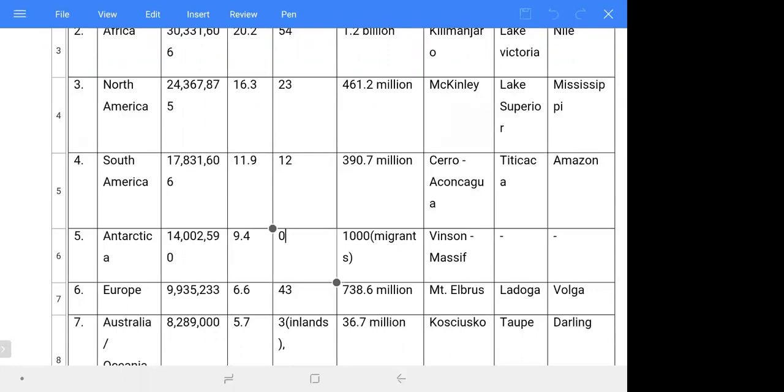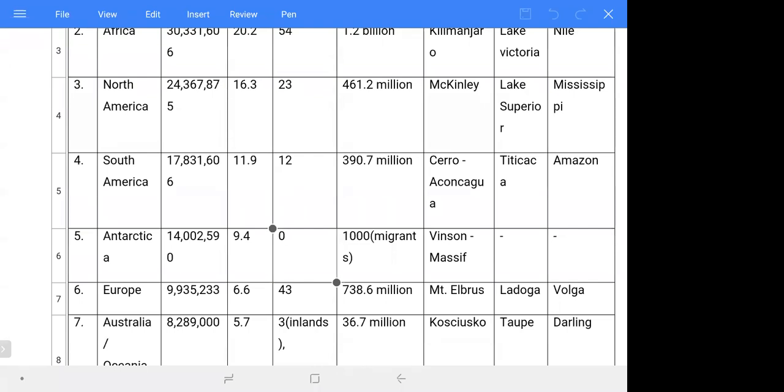So the number of countries is 0. There are places named by different researchers and scientists, but no country which has its own sovereignty, population, and territory. So we do not have these things.